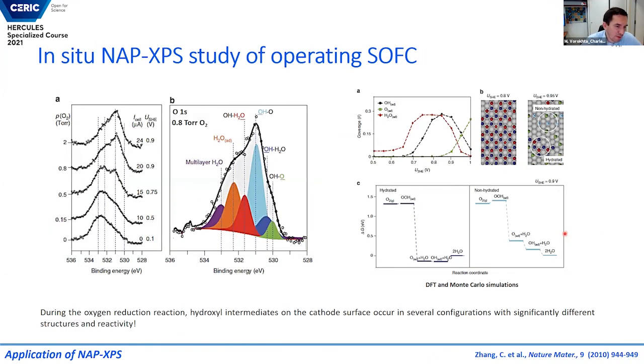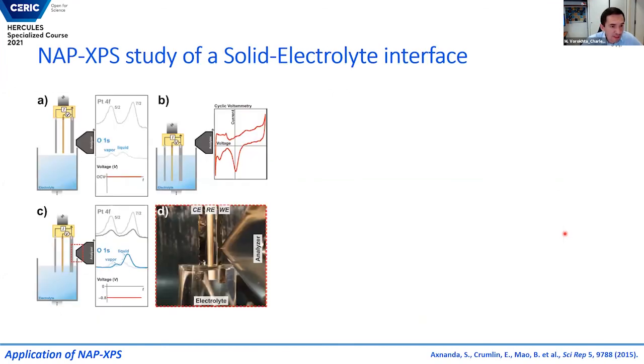So, the last example which I want to show you is, as I said, the study of a solid-electrolyte interface. It is not the interaction of a solid with gas, but with liquid. And as I said, it is usually done when people study electrochemistry.